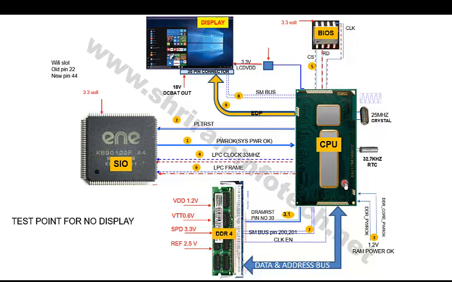After the heating, if all the signals are there but you are not getting the display, and up to step 5 everything is okay, the clock and the chip select are also coming but you are not getting the display, then you can flash the BIOS.